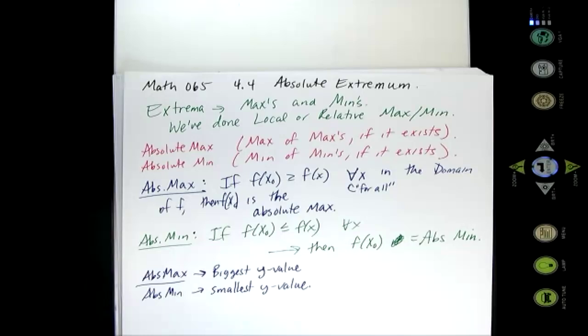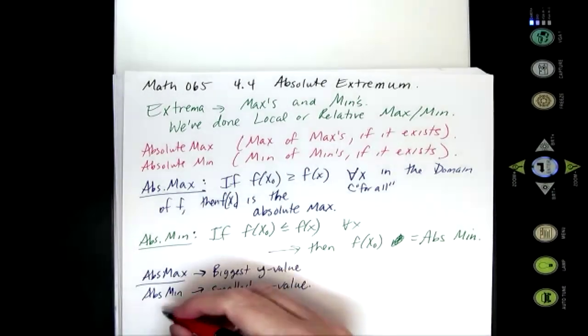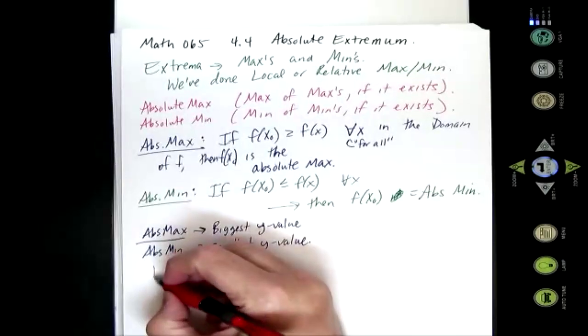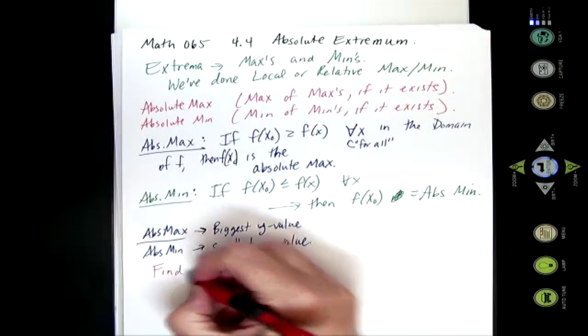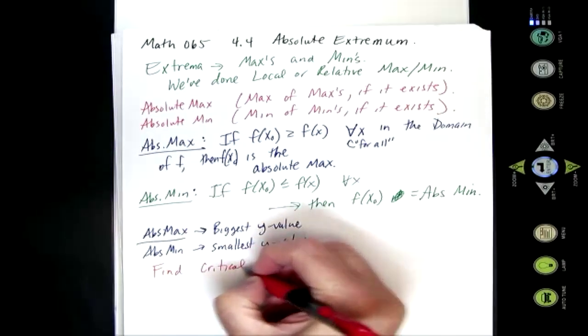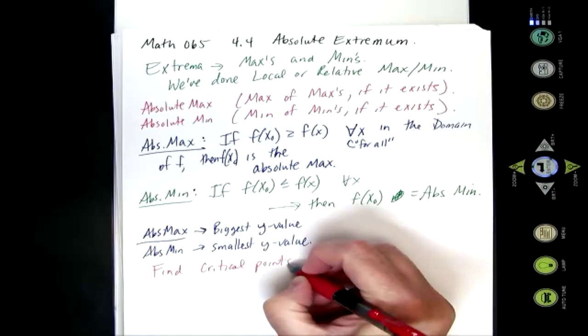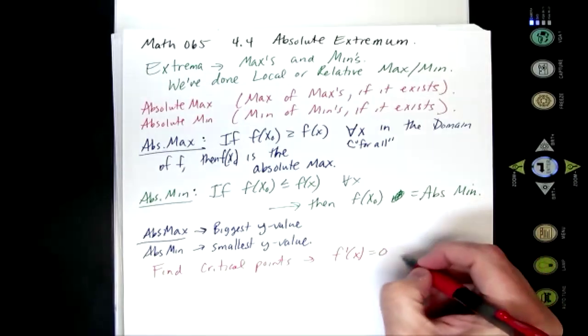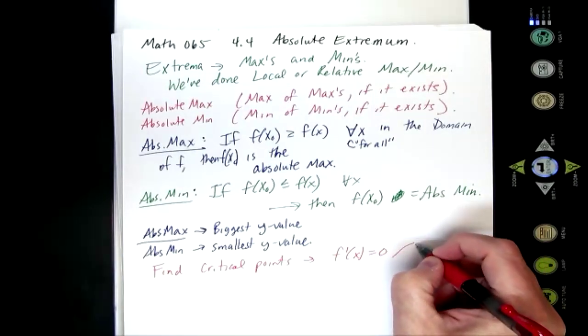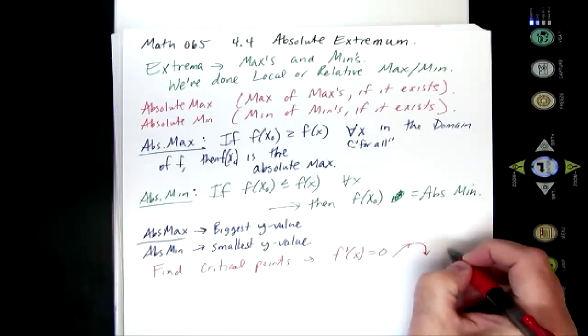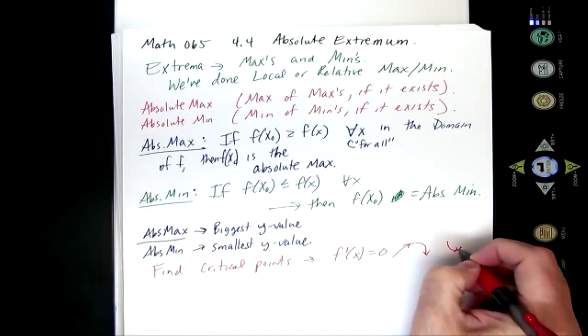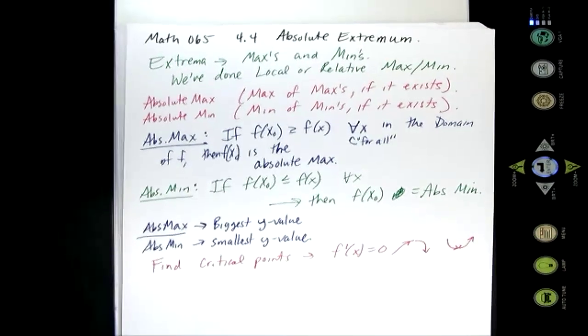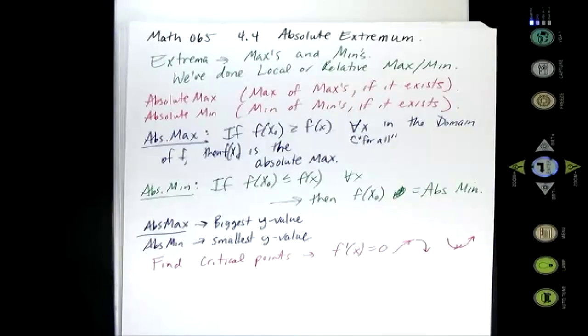So we were doing critical points. This is where the slope equals 0, which meant it either went up to it and then down, or down and then up. It's been a while, it's been a week, and we tested between them.